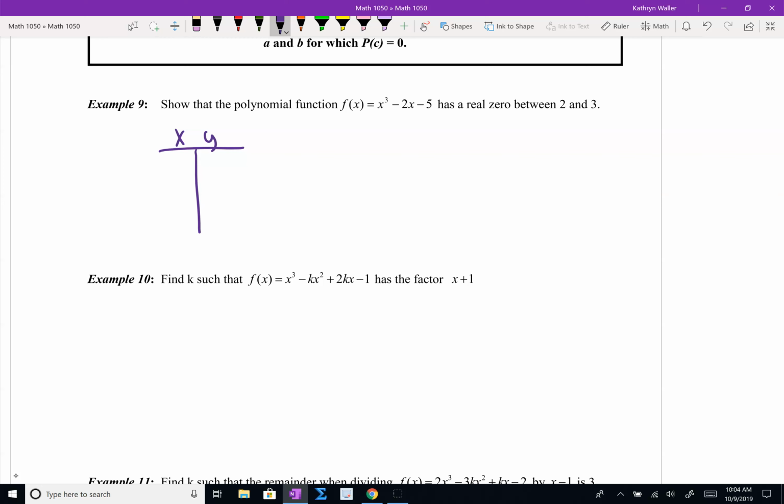Okay. Show that there's a 0 between 2 and 3. So look what you do. You put in a 2. You put in a 3. I'm just plugging 2 into the equation, and when I do, I get a negative 1, I think.